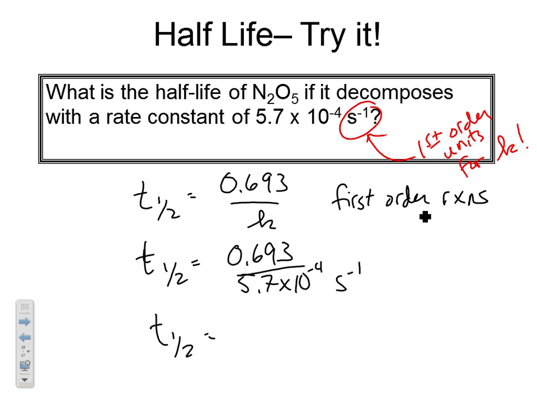When I solve this, I get 1216, but taking into account significant figures, we only have 2 in this. I'm going to round that to 1200 seconds. I didn't ask for a unit on T, so I'm going to leave it as seconds, but you certainly could put it in minutes if you really wanted to do an extra calculation on that problem.